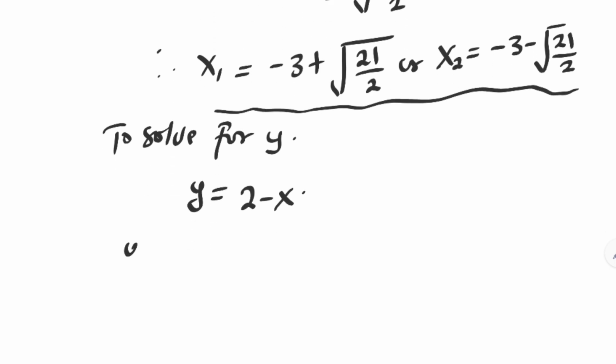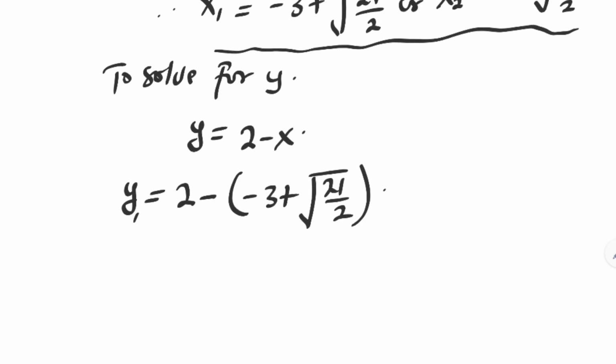Now y1 is 2 minus x1, which is minus 3 plus the square root of 21 over 2. Then y1 is equal to 5 minus the square root of 21 over 2.